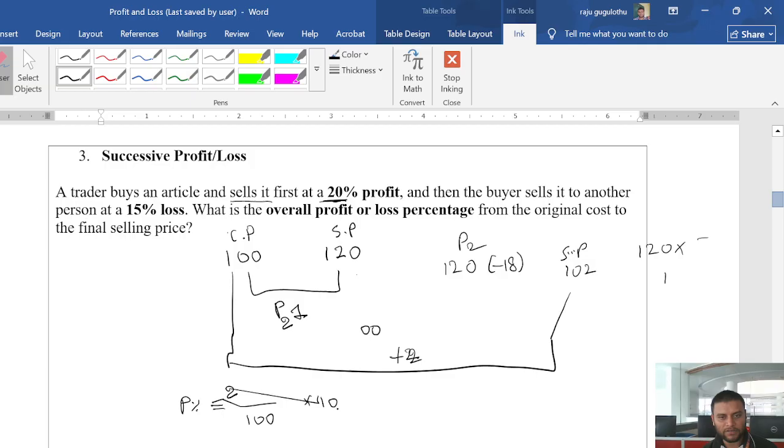That will give us 2% profit. So the answer for this question is 2% profit.